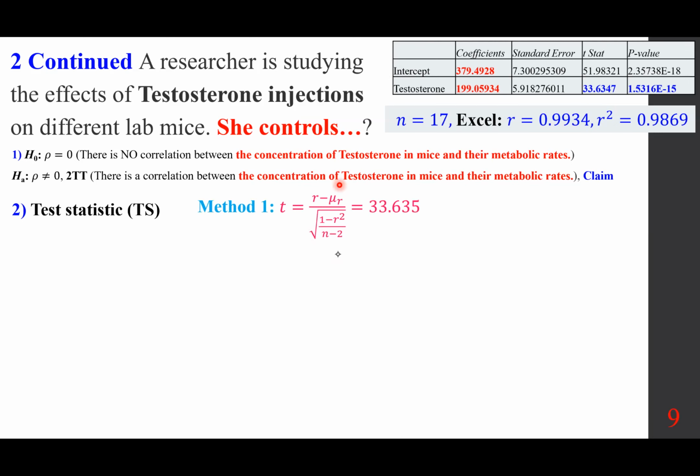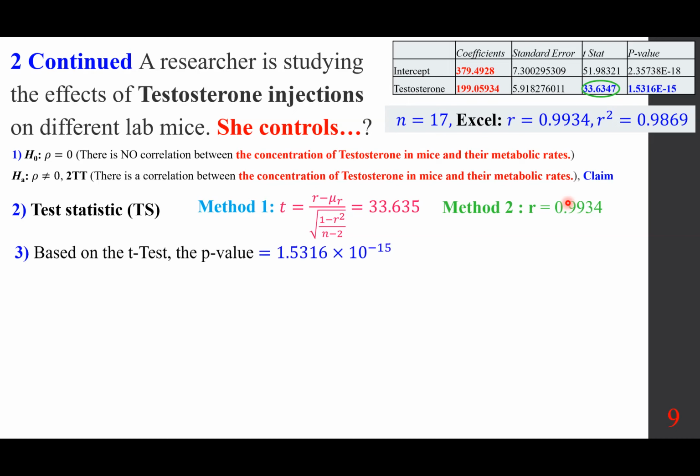We don't even have to calculate that because this is given to us. So what is the test statistic? It is calculated here. For method 2, where we use the Pearson table, this is the value of R, which is also calculated.